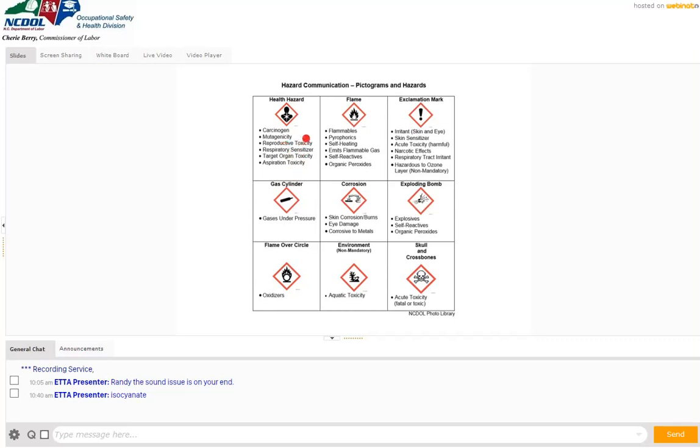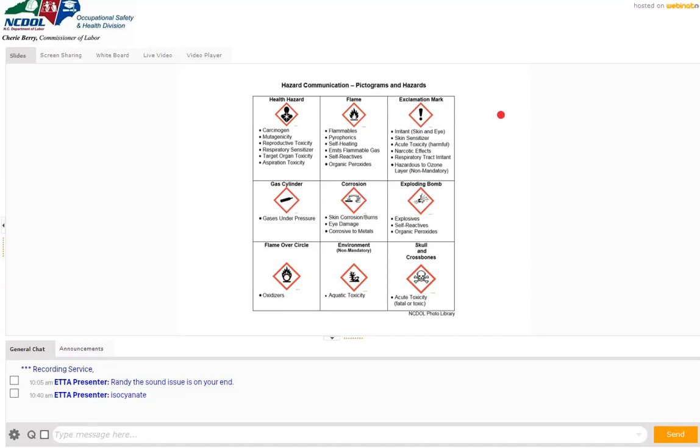It looks like a little explosion or something happening in the body. Okay, I could get that. The flame for flammable, the gas cylinder for gas, corrosive liquids eat through metal or skin, okay. Oxidizer, flame over a burning O, okay. Exploding bombs, and skull and crossbones for toxicity.